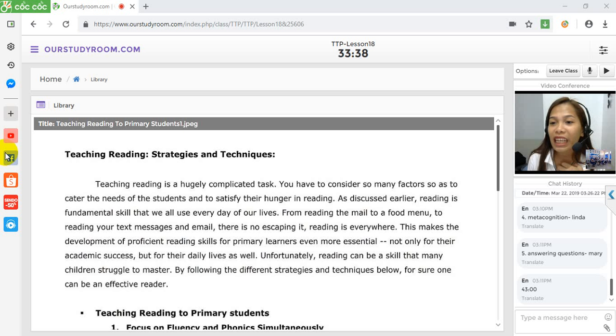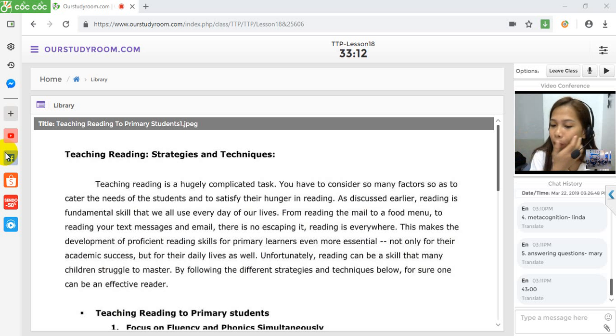So a graphic organizer makes us understand, makes us comprehend. For example, you will give your students a story, and you want to check if they understand the story itself. So you can use a graphic organizer.